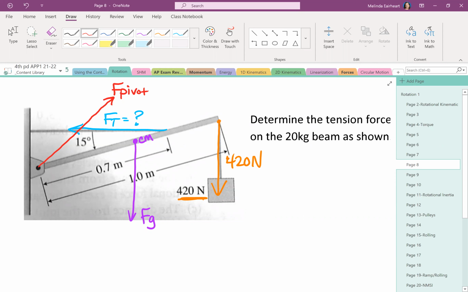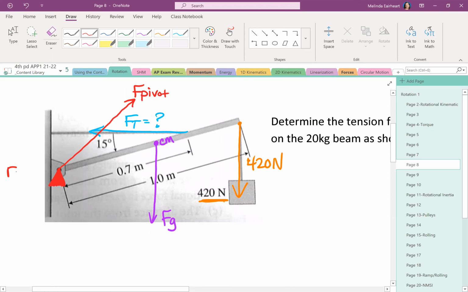I'm trying to solve for tension. So what if we put it here? Now the pivot goes through the fulcrum. How much lever arm does the pivot have? 0. How much torque does the pivot have? 0. The force is there, but there's no torque relative to this location.